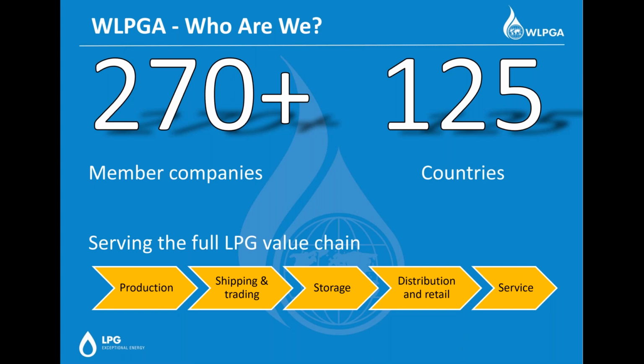UGI were on the call earlier this morning with the first webinar we had. And then we move through the storage and handling and distribution channel with equipment manufacturers and appliance manufacturers all the way through to the consumer. So we're fully covering the whole value chain of the LPG business, and all our members operate in about 120 countries.